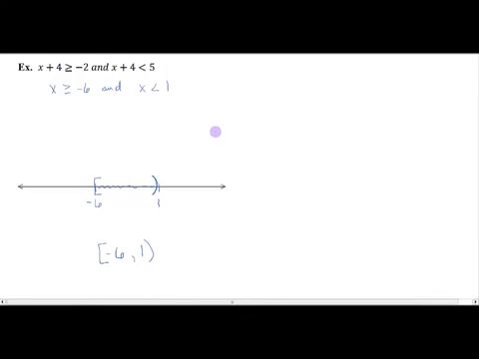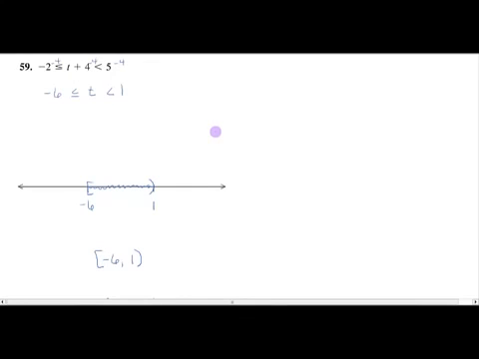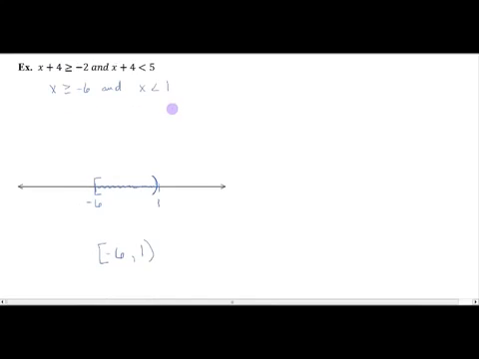If you look at the three-part inequality, it's saying that t is less than 1 at the same time that t is greater than or equal to -6. This is the same as saying x is less than 1 and x is greater than or equal to -6.